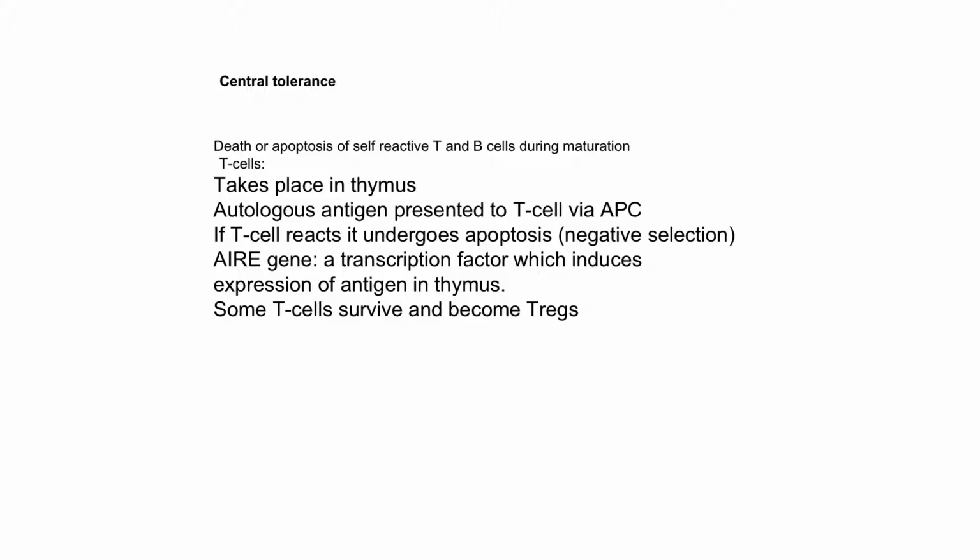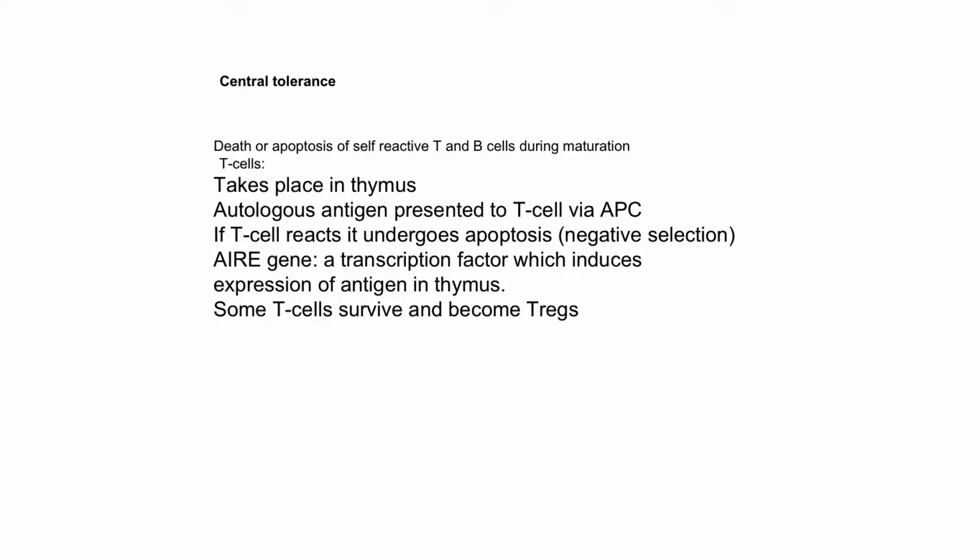It does this with a number of mechanisms. The first is called now this is just for me to take a break as well. cells. During this maturation process, self-reactive cells are killed off or die through apoptosis. T cells, their maturation takes place in the thymus, and while they're maturing, autologous antigen is presented to them via antigen-presenting cells.